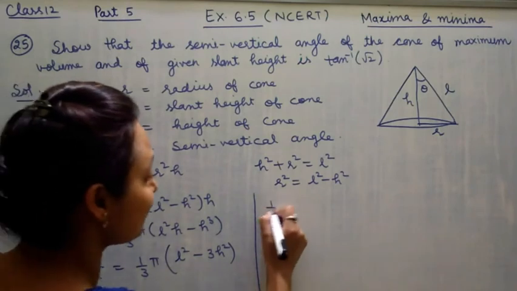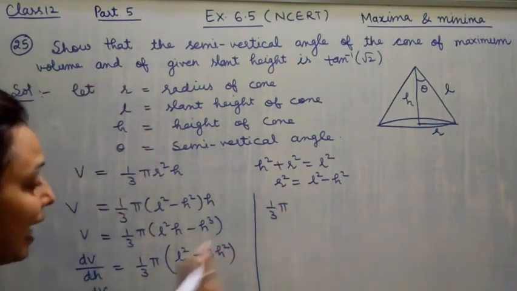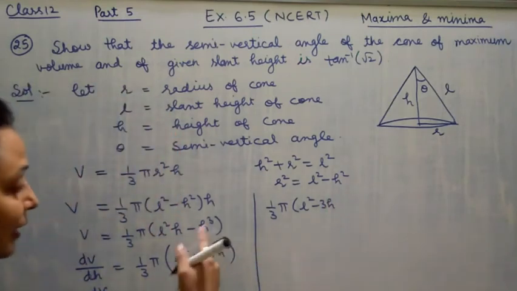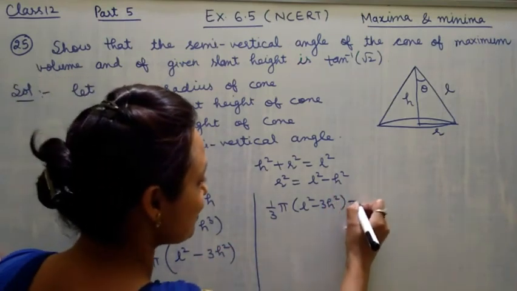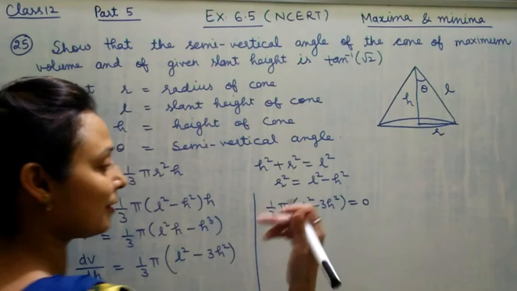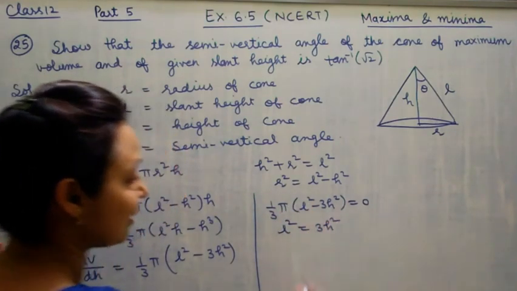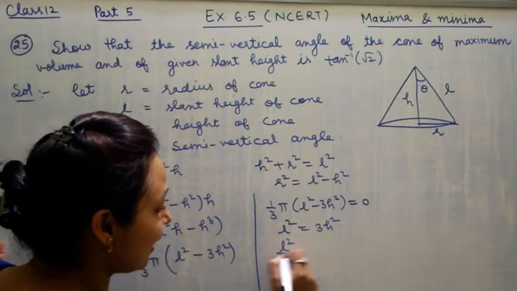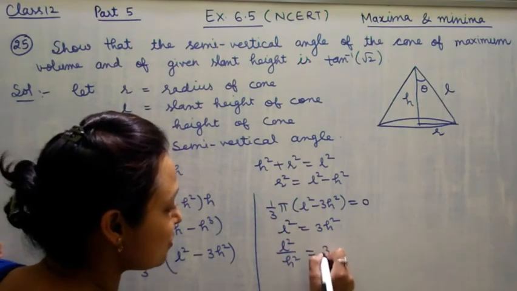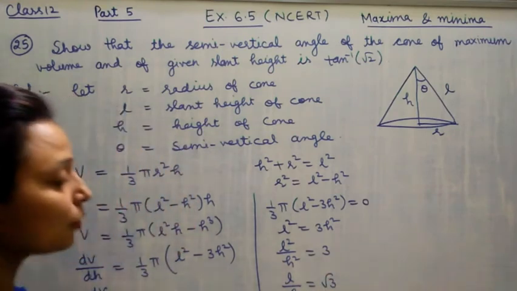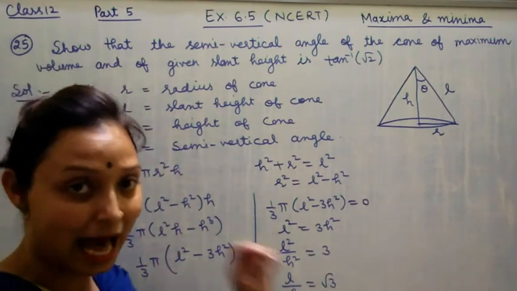So we have 1 by 3 pi (L square minus 3h square) equal to 0, which gives L square equal to 3h square. So L square upon h square is equal to 3 and L upon h is equal to root 3. I will keep it as it is.